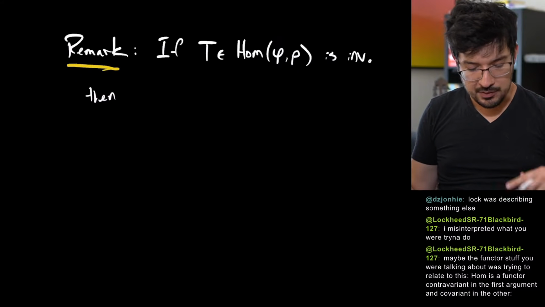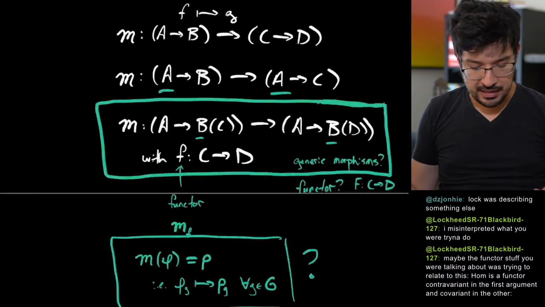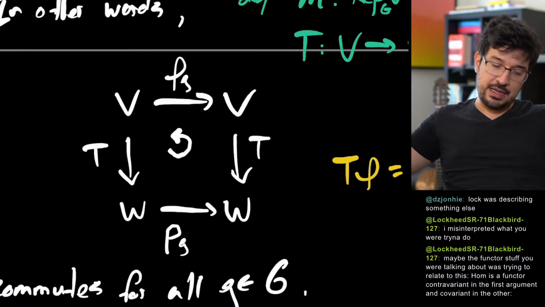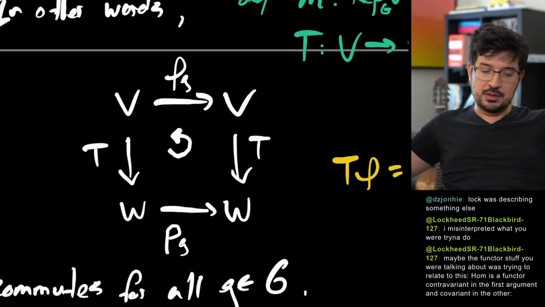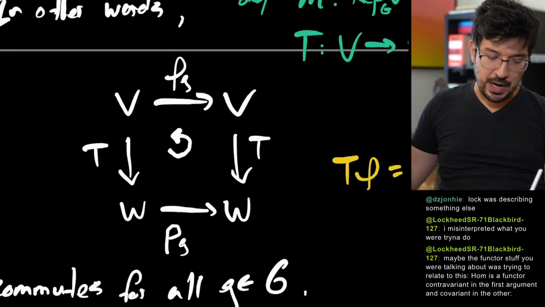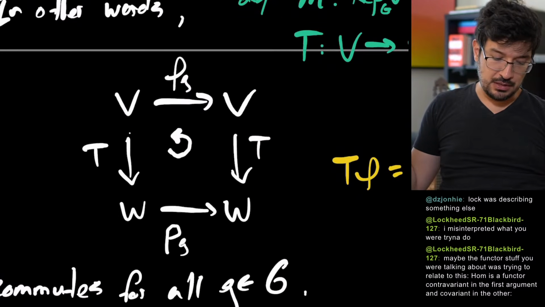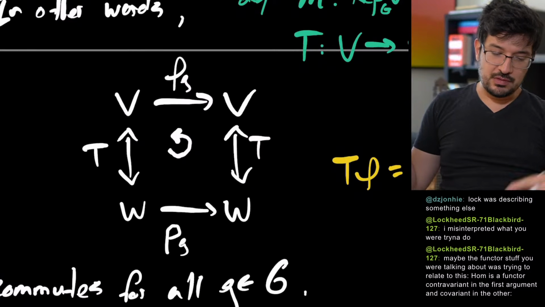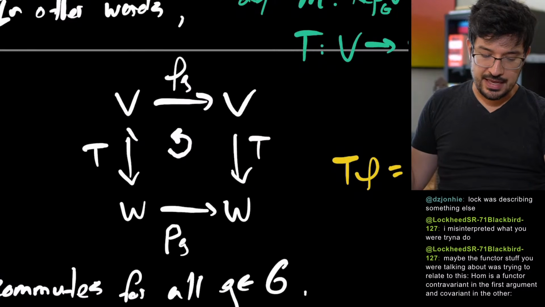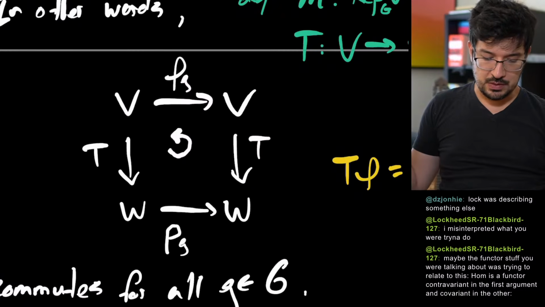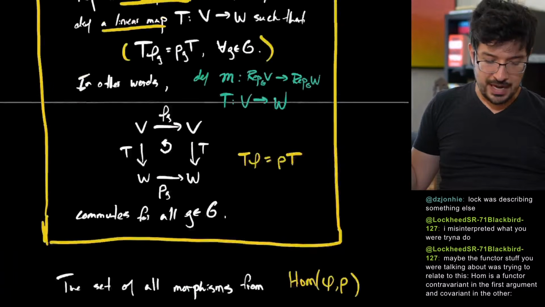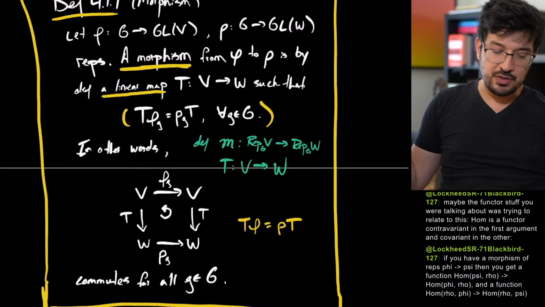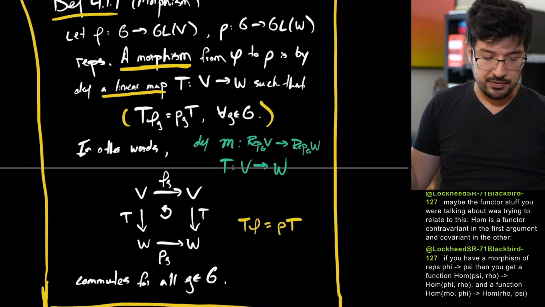I was thinking this earlier. This commutative diagram is almost identical to similarity, but we didn't have the requirement that T was invertible. If T is invertible, then it's the same as saying that they are equivalent. But right now, this definition does not require an isomorphism. It just requires a linear map, not an isomorphism.